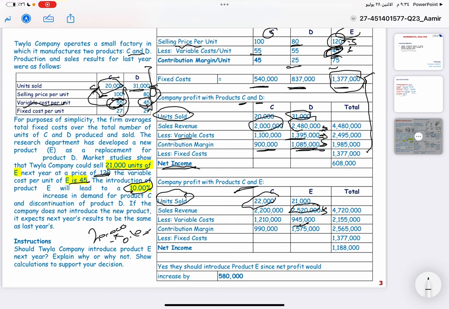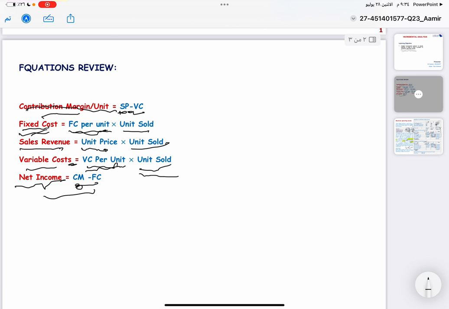The total is like this: 2,200,000 plus 2,520,000. Here, the same thing. Now the net income equals, as we said before, contribution margin minus fixed cost.